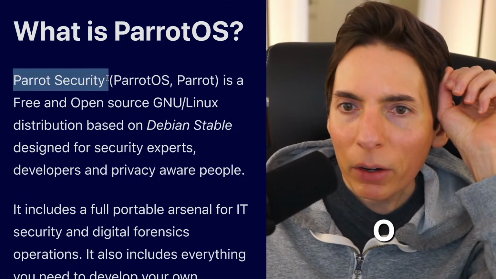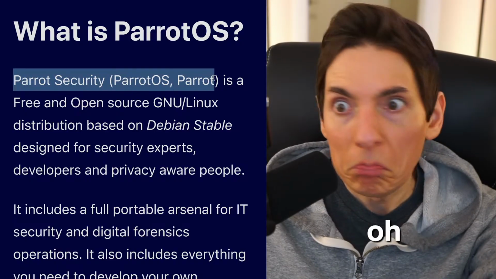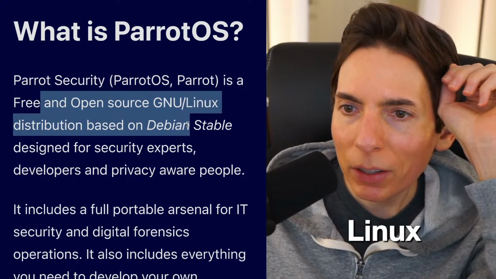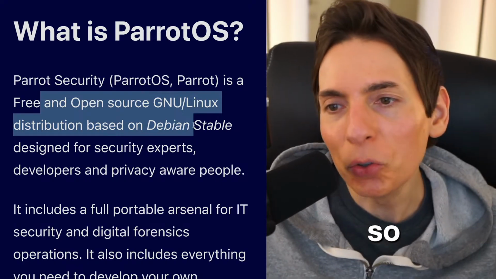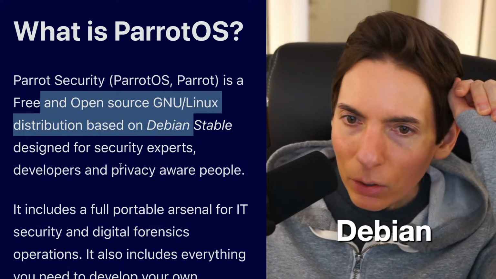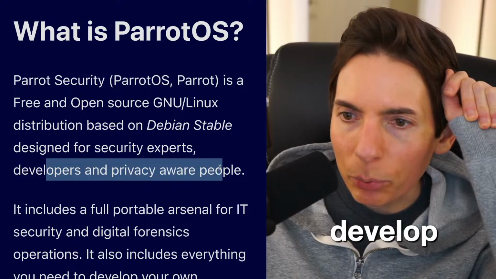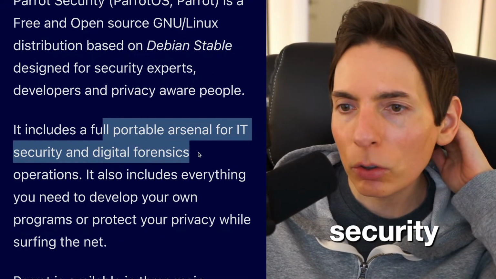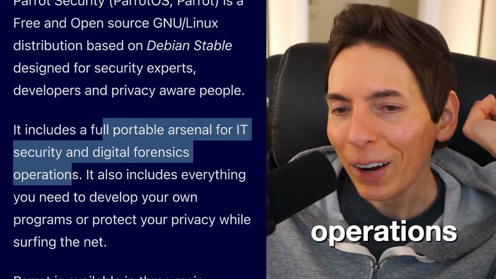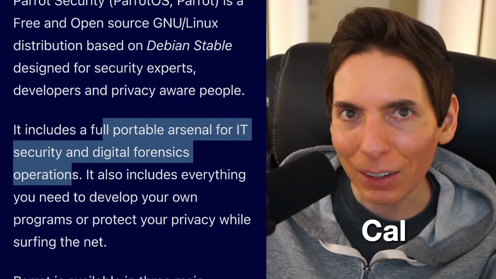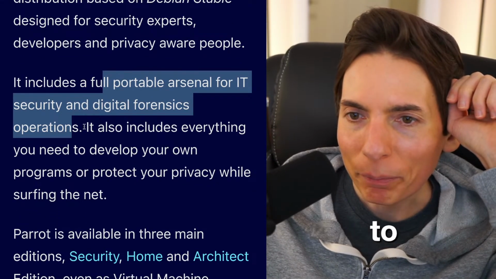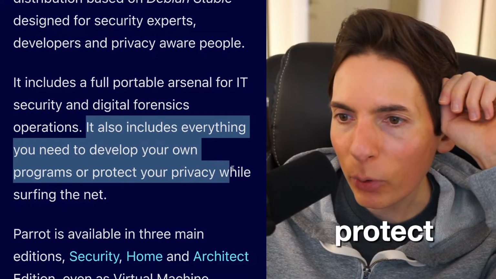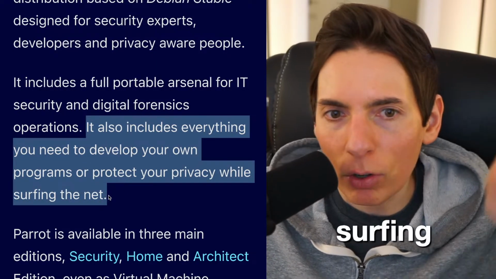Oh, so Parrot OS is a free and open GNU Linux distribution based on Debian. All right, so like Ubuntu, right? Debian, for security experts, developers, and privacy-aware people, includes a full portable arsenal for IT security and digital forensics operations. Woo! So it's like a competitor to Kali Linux. It also includes everything you need to develop your own programs or protect your privacy while surfing the internet.